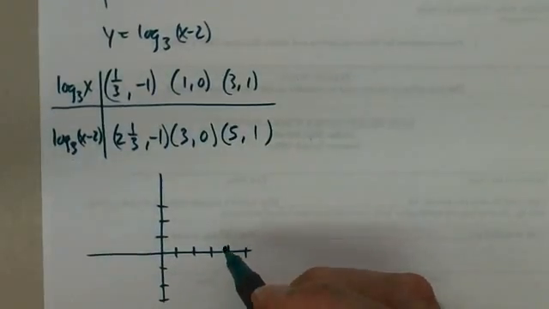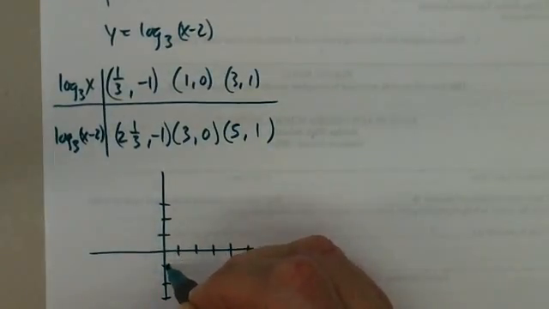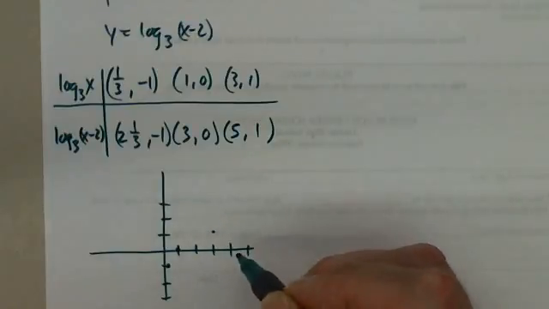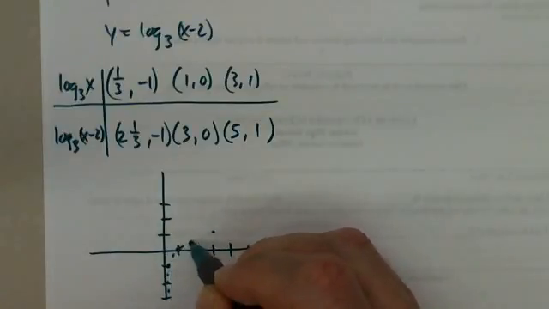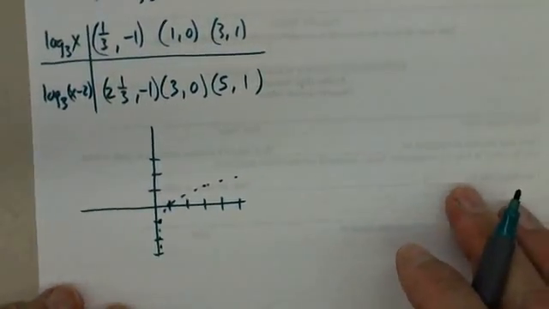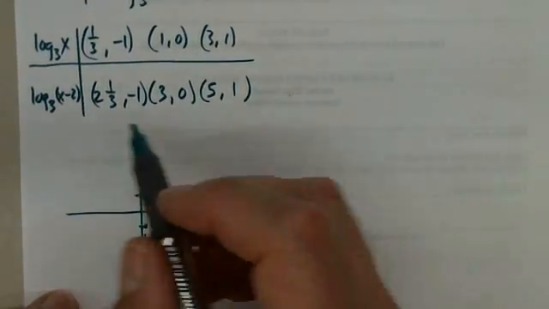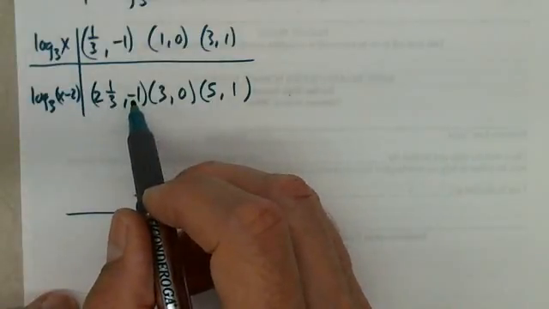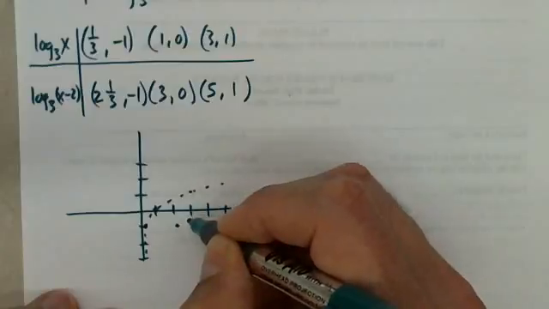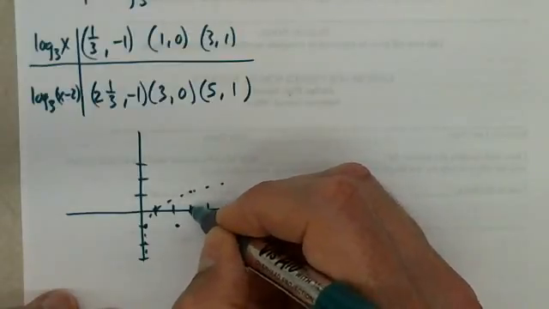Let's look at the parent function. At 1/3 we go to -1, at 1 we go to 0, and at 3 we go to 1. There's the parent function. And now we'll go 2 and 1/3, -1. 3, 0.